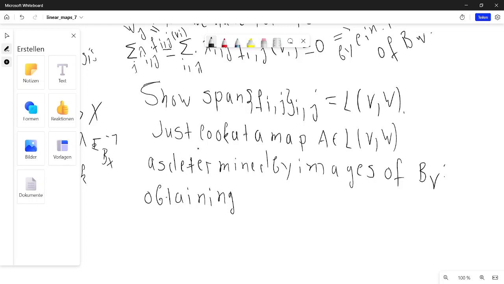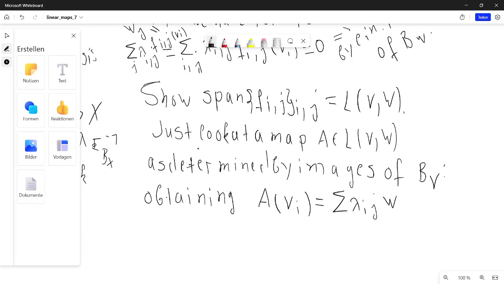Well, what do we obtain? A of Vi is equal to some sum of lambda ij's wj. This is some vector in W, right? We just have that this map maps it to something, and this image is determined by this map, as we know, because this image is a basis vector.